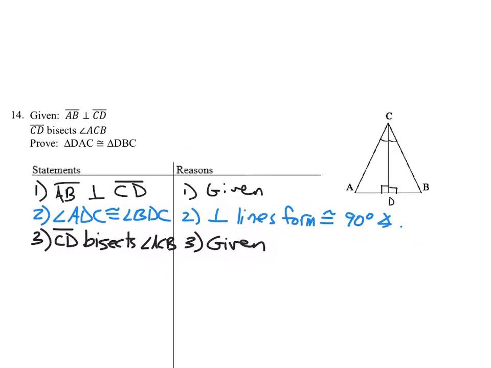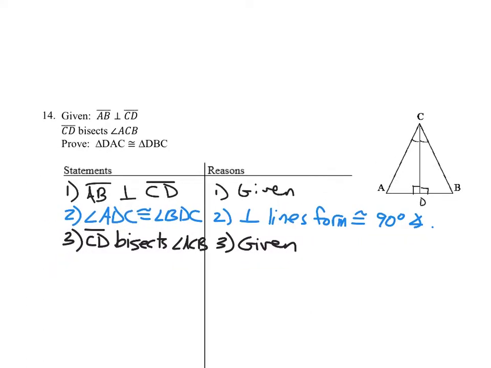So we know that ACD is going to be congruent to BCD. And this would be the definition of angle bisector.